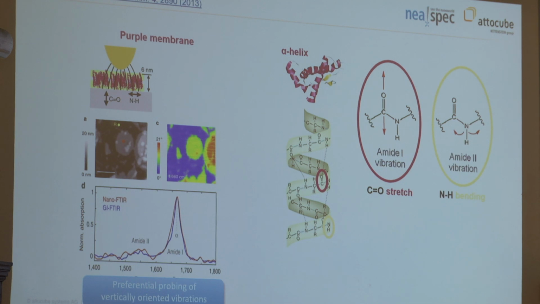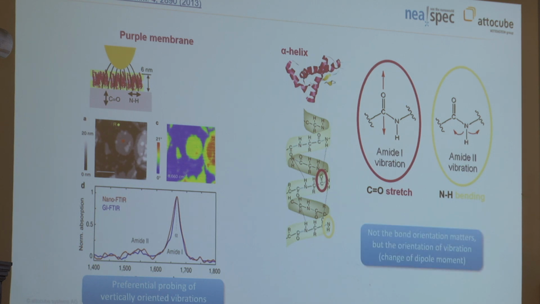This other peak, the amide 2 band, which we don't see here, this is actually also oriented vertically, but the vibration is now in the plane. So it's just a different mode of vibration. So what matters is not really the orientation of the bond, but the orientation in which the vibration takes place. Or to be precise, the change of the dipole moment.